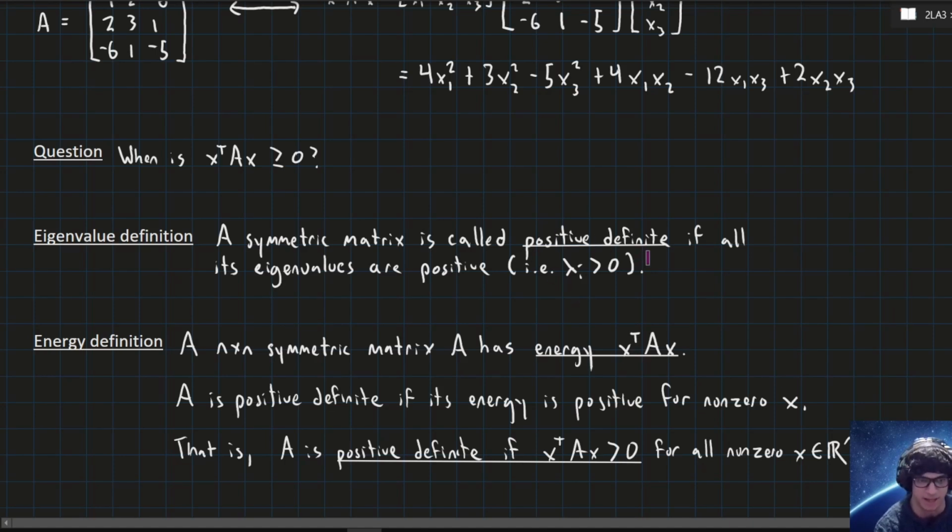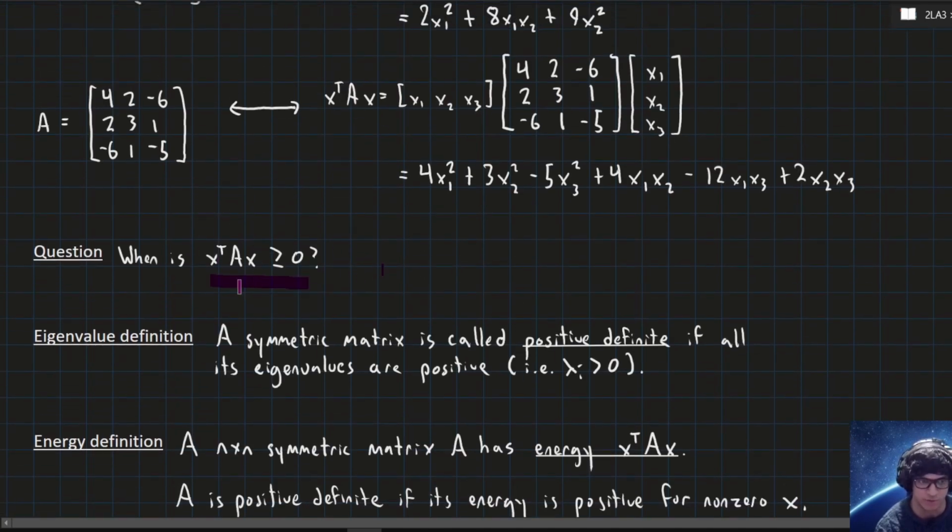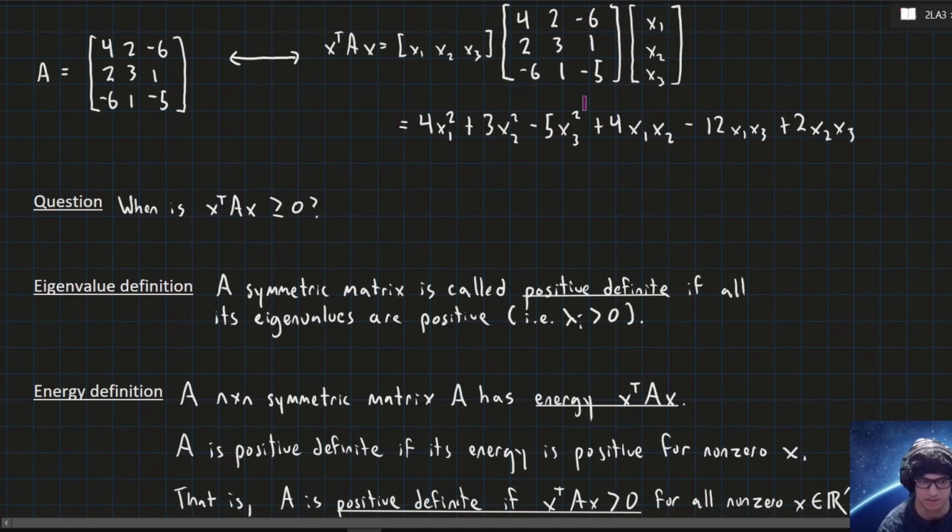So I'm claiming that the answer to the question, when is the quadratic form positive, is when the eigenvalues of A are positive. Remember, A is symmetric, so we know it has real eigenvalues, so it makes sense to say eigenvalues are positive or negative, right?